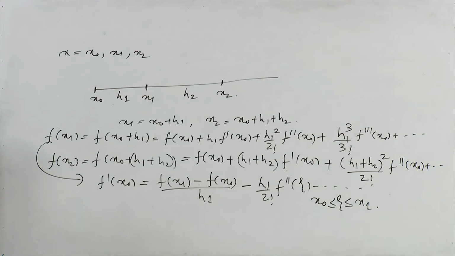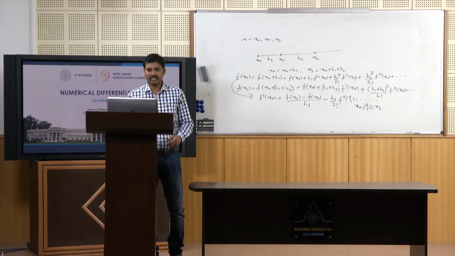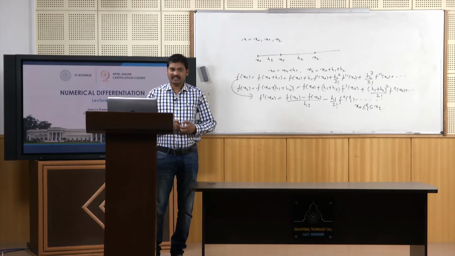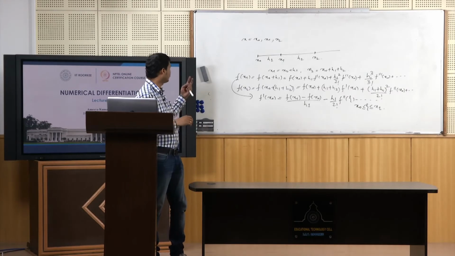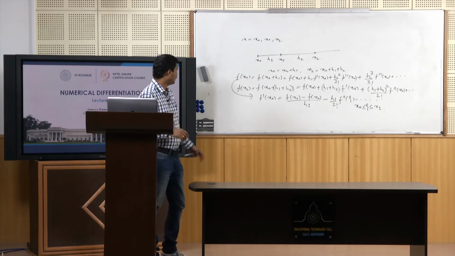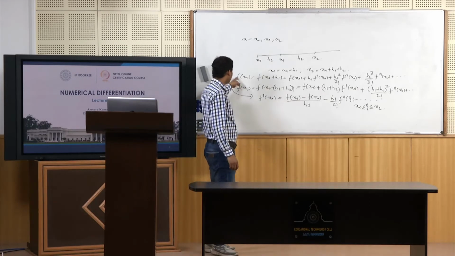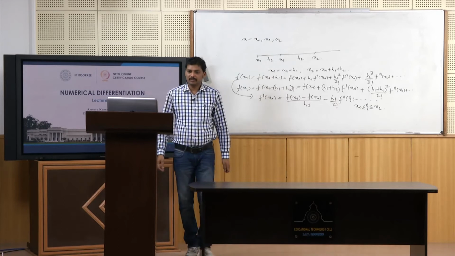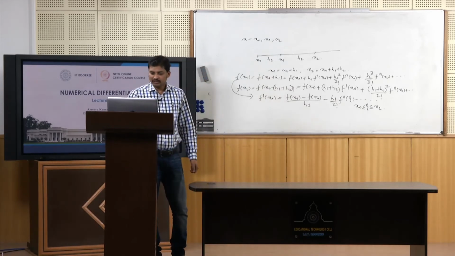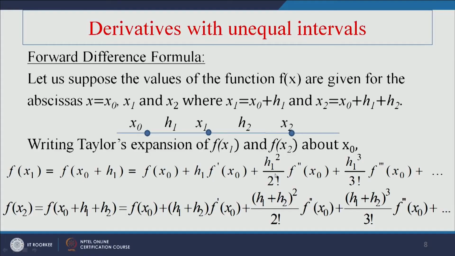And if it is asked to obtain a higher order formula, then we can eliminate f double dash of x0 from the first two equations, whatever we have defined here for f of x1 and f of x2. So we have to multiply the first equation by h1 plus h2 whole square, and the second equation by h1 square.